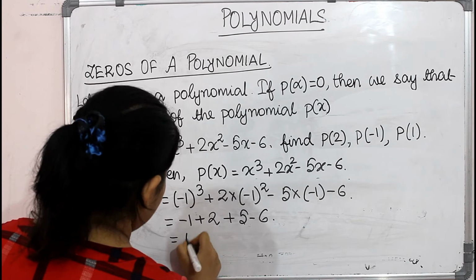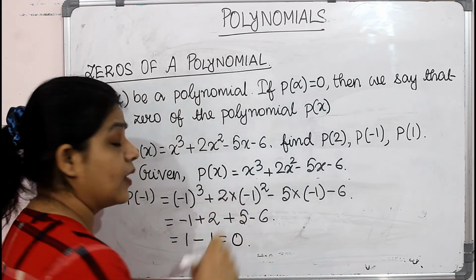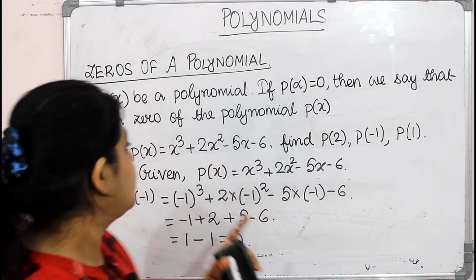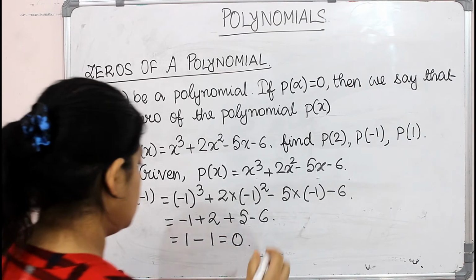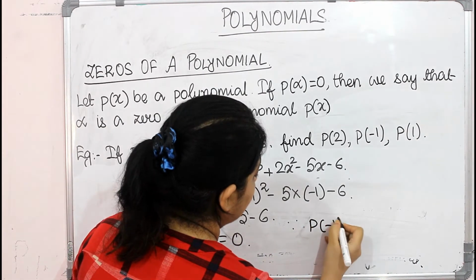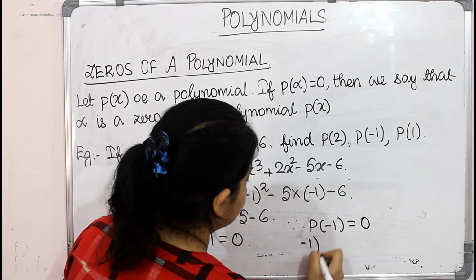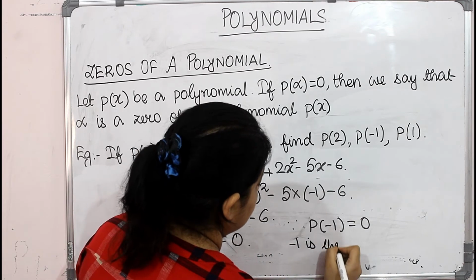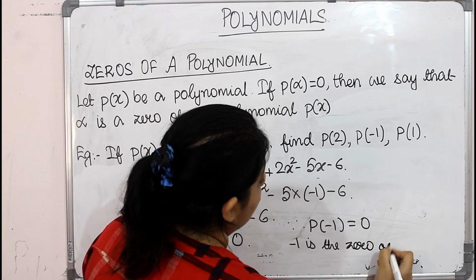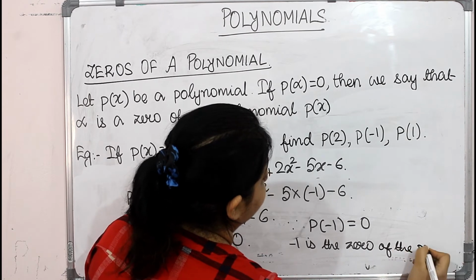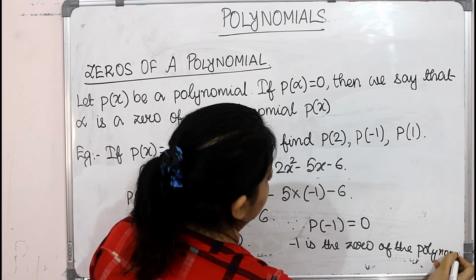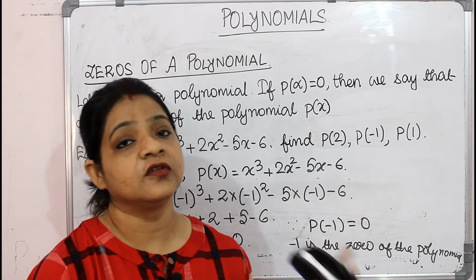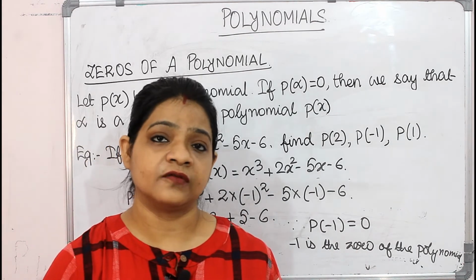So this will be 1 minus 1. Here also you are getting p(minus 1) equal to 0. Since p(minus 1) is equal to 0, minus 1 is a zero of the polynomial.